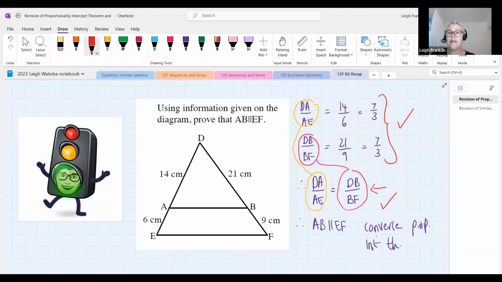Okay, Andile, did you have a question? I wanted to ask, where did you get the 7/3? What Batabile was doing is she was simplifying her fraction. Okay. It's okay if it stays the same, it doesn't change anything. If you had 14/6 and you chose to leave it as 14/6, that would be okay.